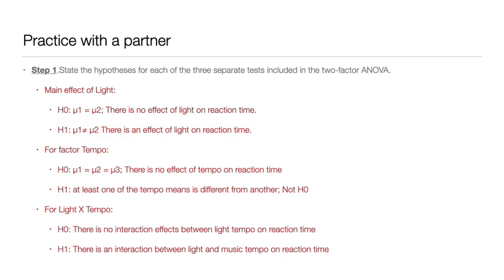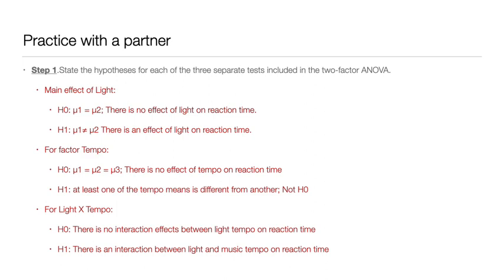Remember, we're in a 2-factor ANOVA. We're going to do a statistical test for the main effect of each independent variable and the interaction. So for the main effect of light, we're going to have an F test, which means we need 2 hypotheses, a null hypothesis and a research hypothesis. We'll do the same for the main effect of tempo, and for the F ratio for our interaction.